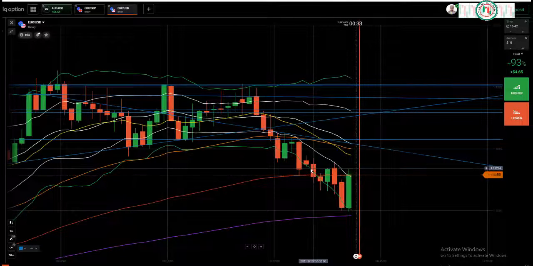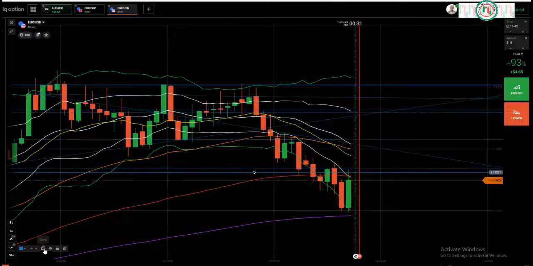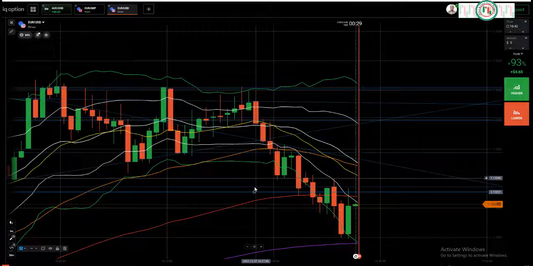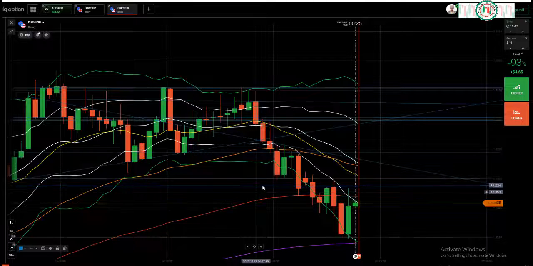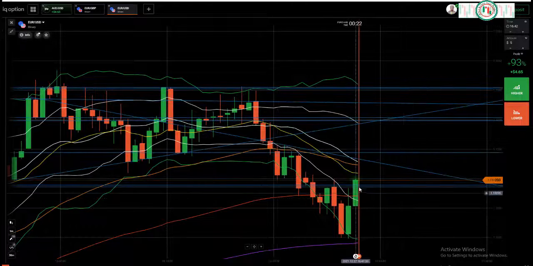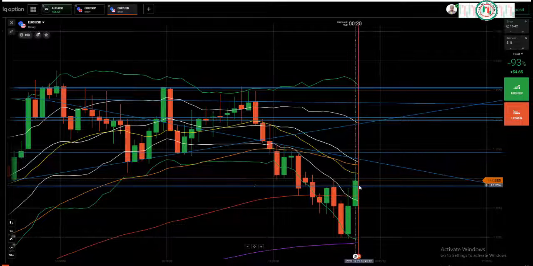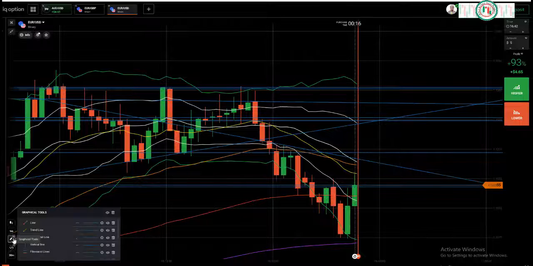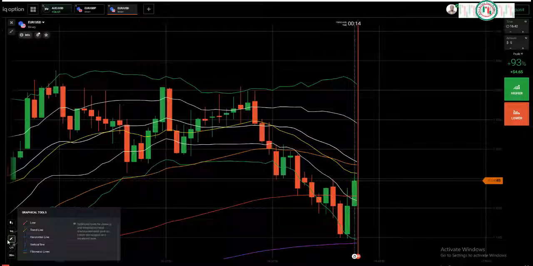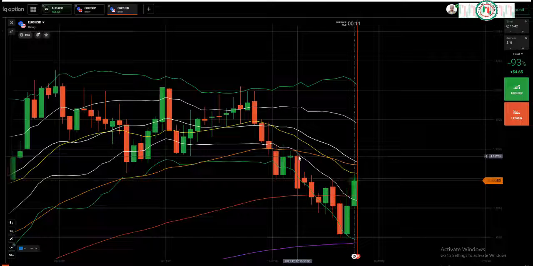Here, this is the level here. You see, market is breaking the level. But this is another level. Let me delete this area.